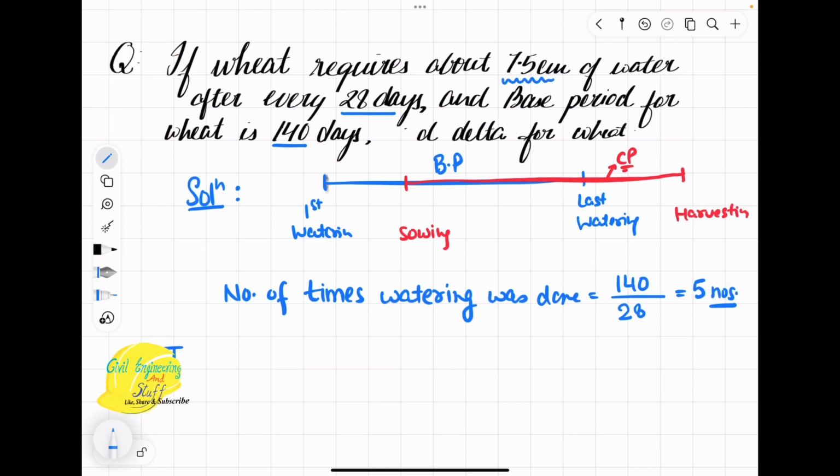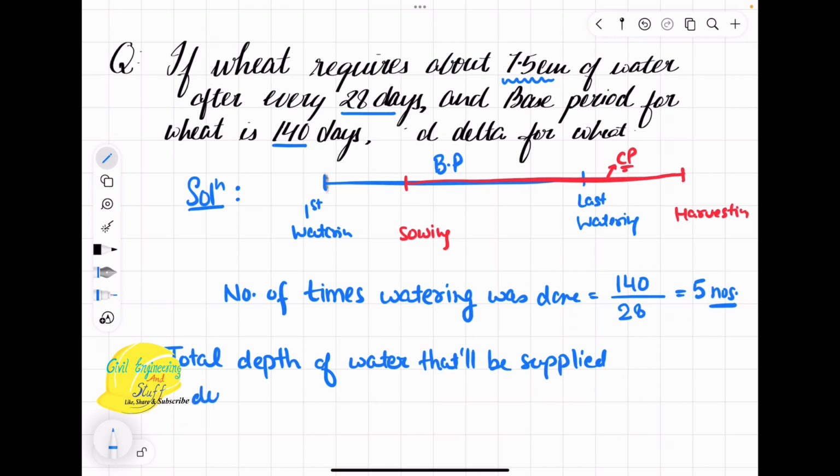So the total depth of water that will be supplied during the base period will be 5 multiplied by 7.5 centimeters.